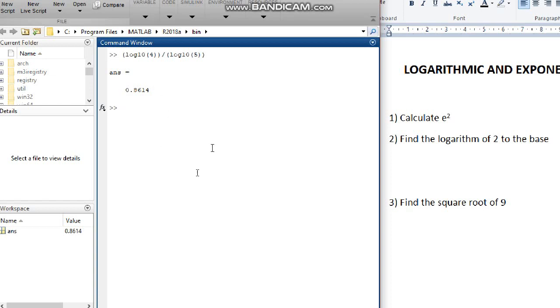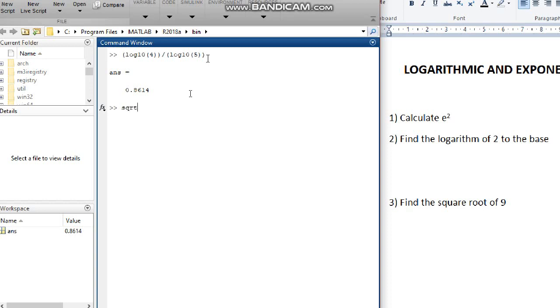Okay, so let us move to the next example. So here we have example 3. We have been asked to find the square root of 9. So you notice that on our keyboard there is nothing like square root like on a normal calculator. In MATLAB there is an easy method of doing this. To find the square root of a number, you type in sqrt.